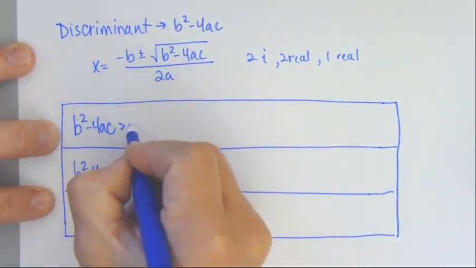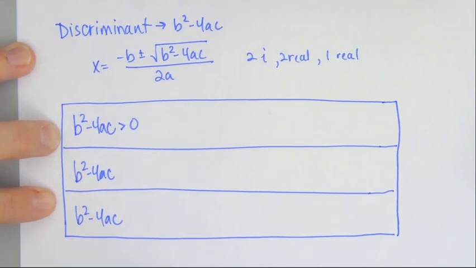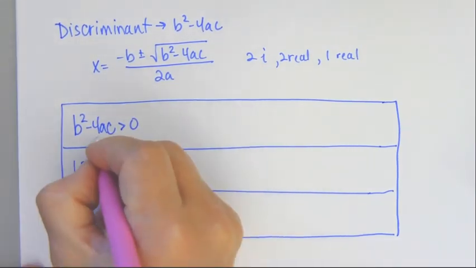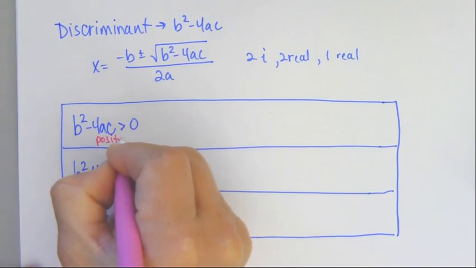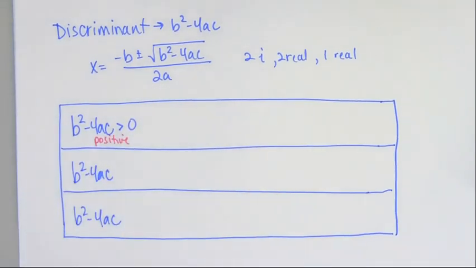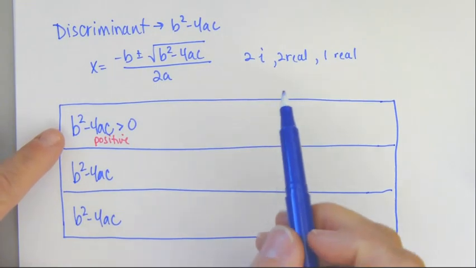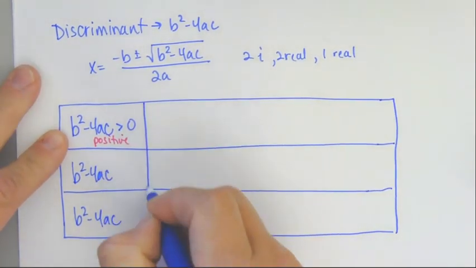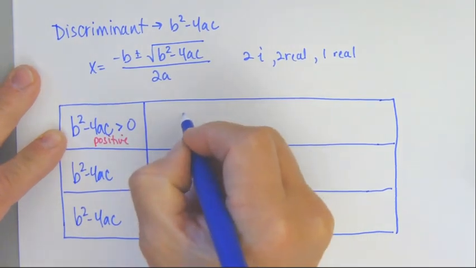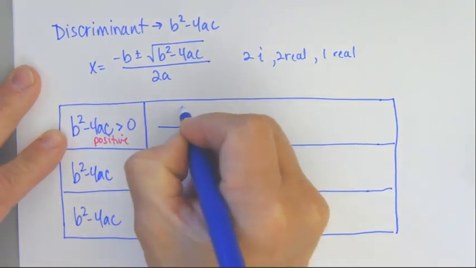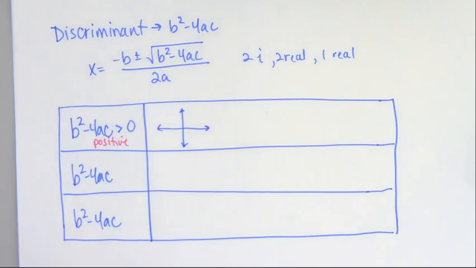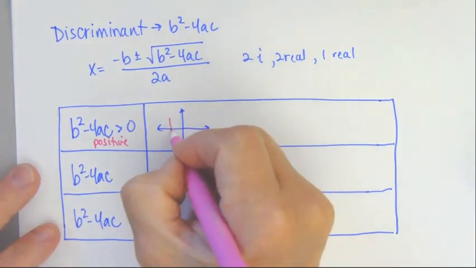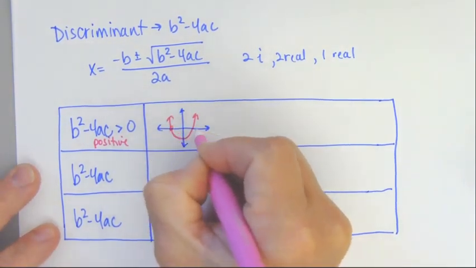If b squared minus 4ac is greater than 0, remember that just means it's positive, if you get a positive number. If you look back at our examples from the last video, if we got positive, we had 2 real, like radical 53, they were kind of ugly. If we look at a graph, if I get 2 real answers, the graph is going to look like this.